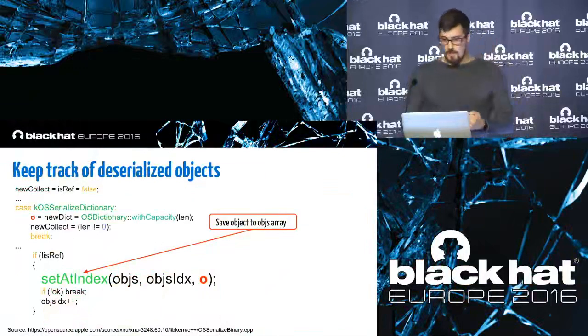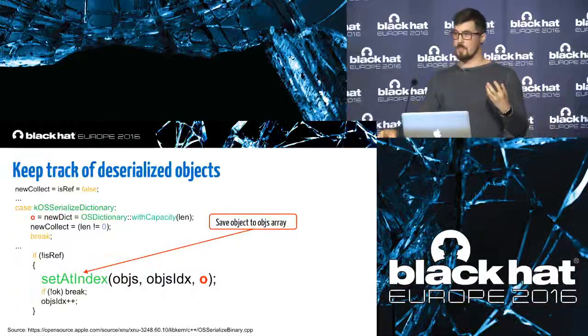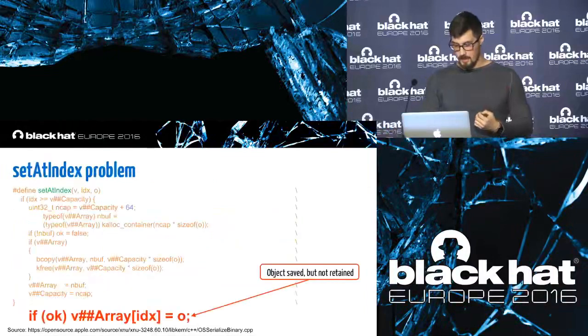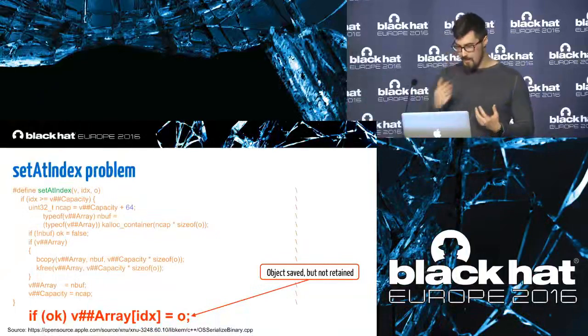So in the process of deserializing and parsing objects, OSUnserializeBinary creates an object and keeps track of all the objects by using setAtIndex. What does setAtIndex do? It uses an objects array to keep track of objects, and it just saves a pointer to the serialized object as one of the array indexes.